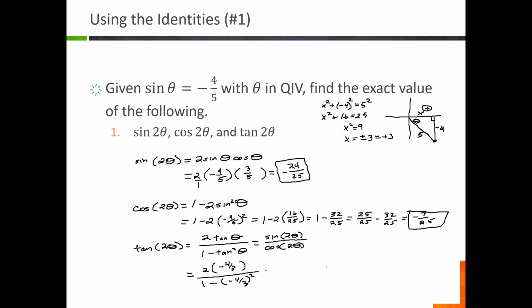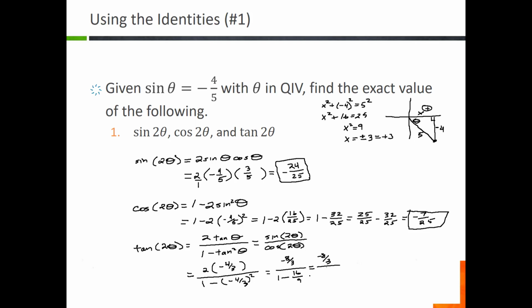All right, so let's just simplify. That's all we've got left. So 2 times a negative 4/3 is going to be a negative 8/3 over 1 minus, so a negative 4/3 squared is a positive 16/9, and that's being subtracted from the 1. And then to simplify all this, we still have the negative 8/3 in the numerator.